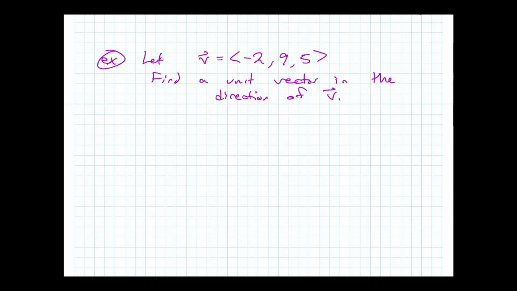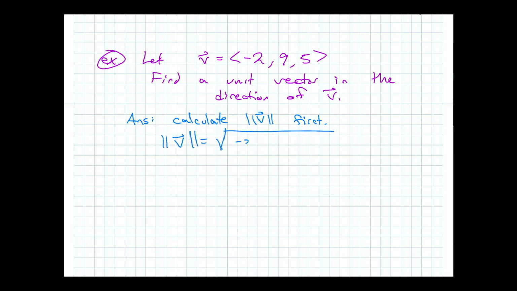So for my answer, I calculate the magnitude of the vector first, that's the length. So I go: the magnitude of v is the square root of -2 squared plus 9 squared plus 5 squared.